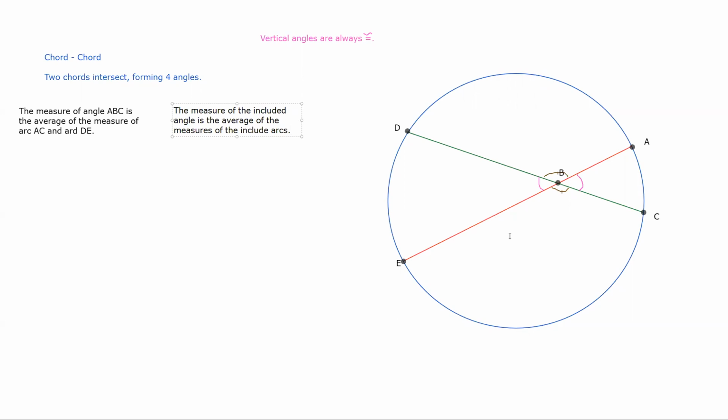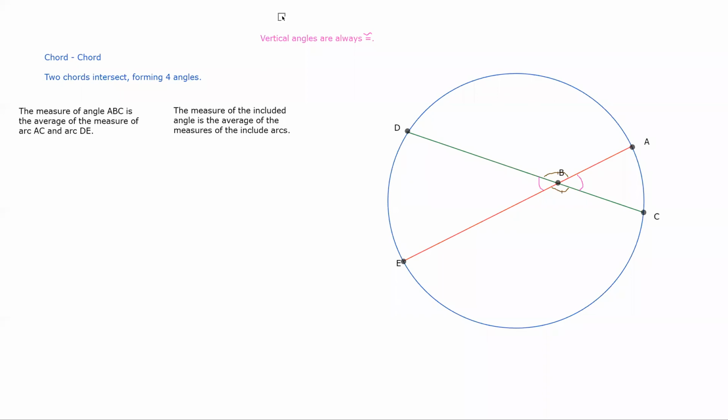So you actually have two pairs here. It's not just this area and this area. You can also be talking about these two, okay? For this example, we're going to specifically talk about angle ABC. So the measure of angle ABC is the average of the measure of arc AC and arc DE. Let's put some measurements with this.